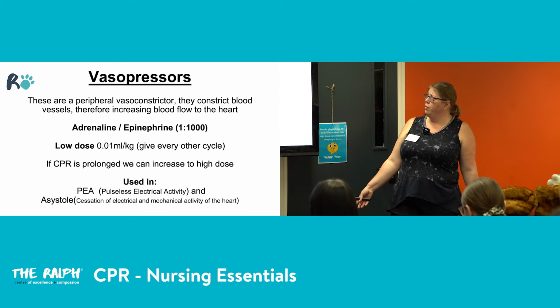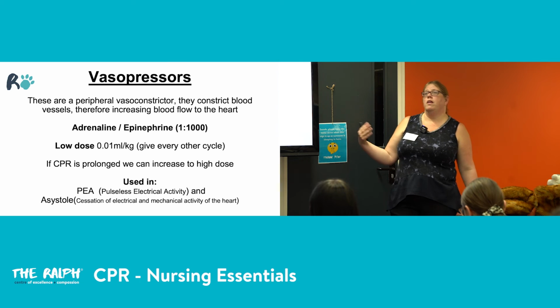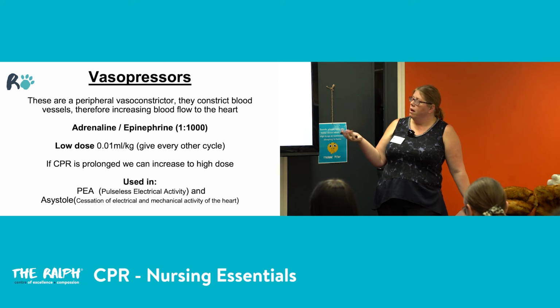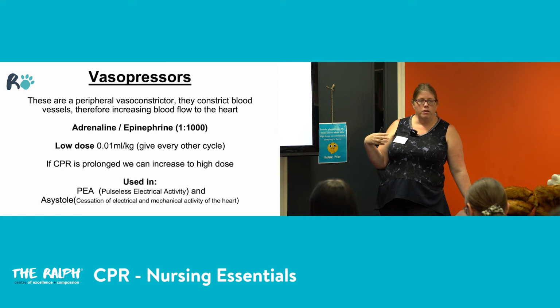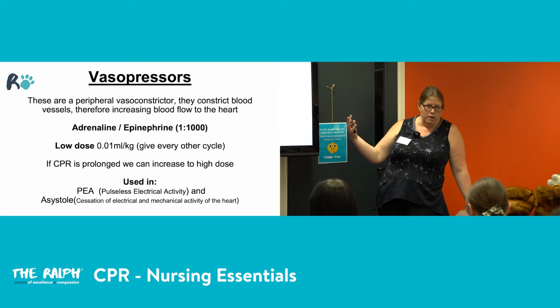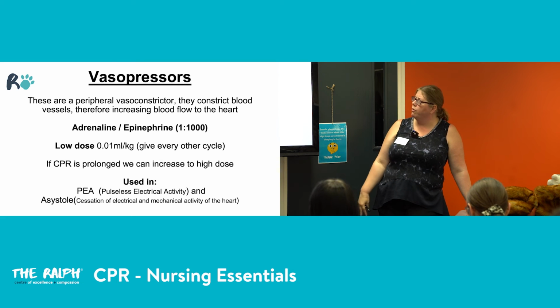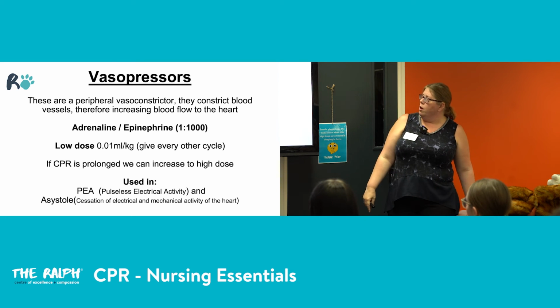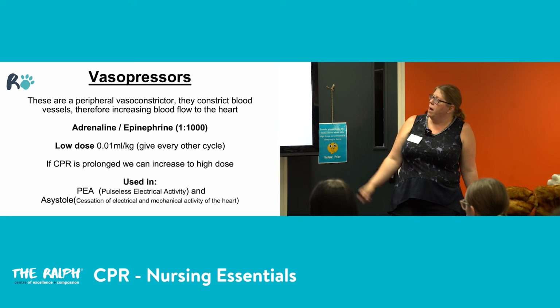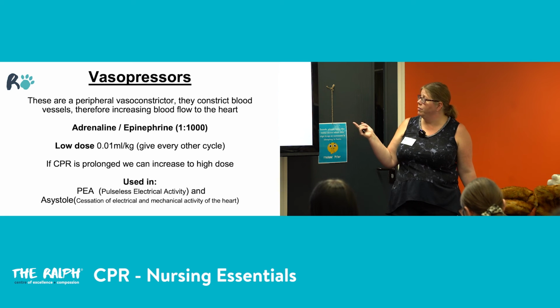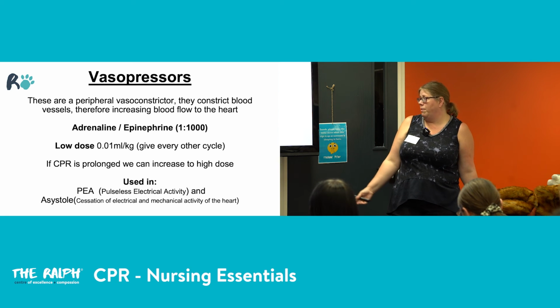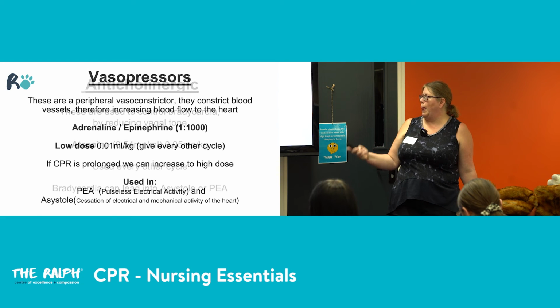We tend to start with low doses and it's given every other cycle. This is when the lead person will say if they want it to be doubled, or every other cycle, that sort of thing. We tend to use this in PEA, which is pulseless electrical activity, and in asystole, which is the cessation of electrical and mechanical activity of the heart.